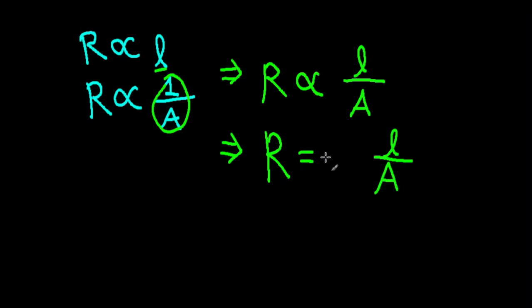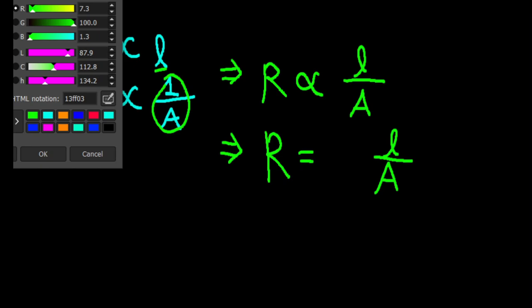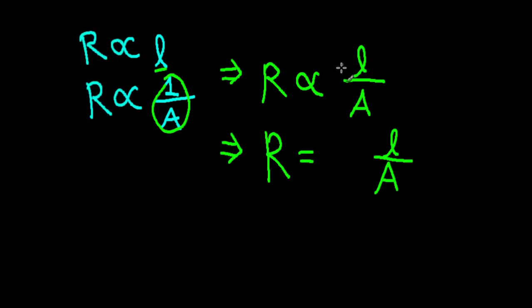That's basically how direct proportion works. And this constant of proportionality in this equation, we denote it as rho, and we give it a name. We actually call it resistivity.